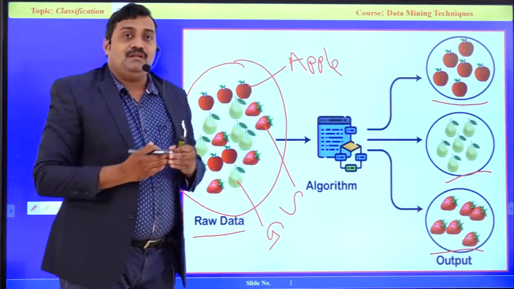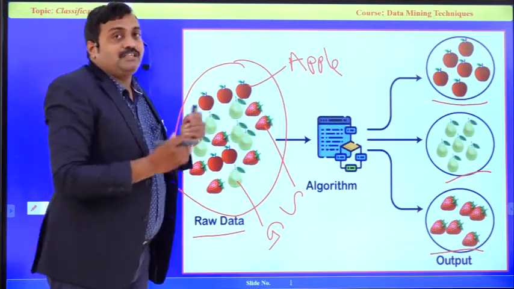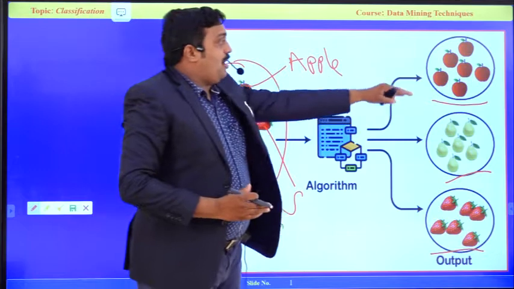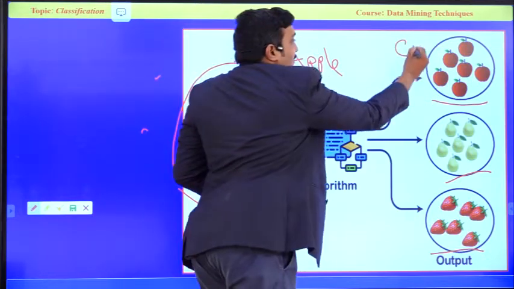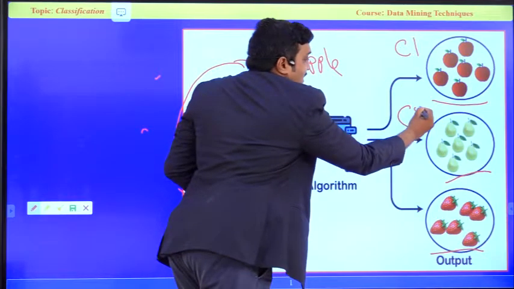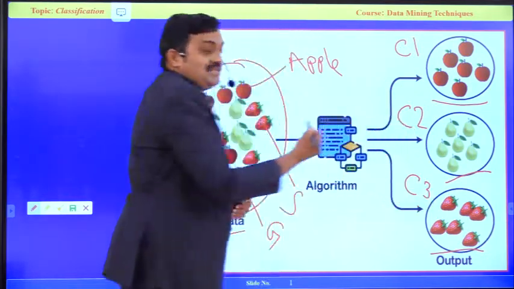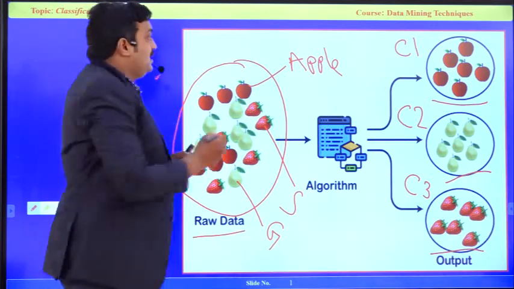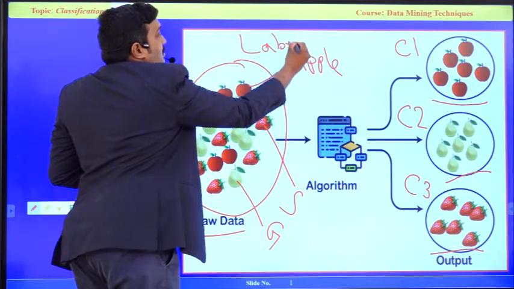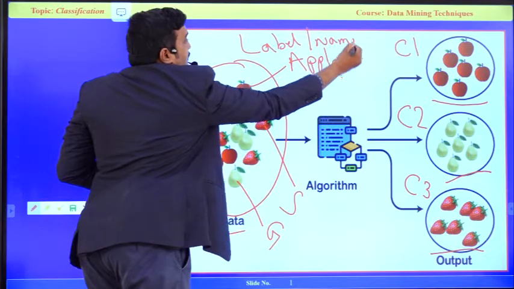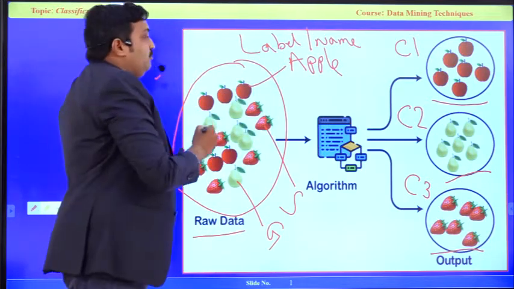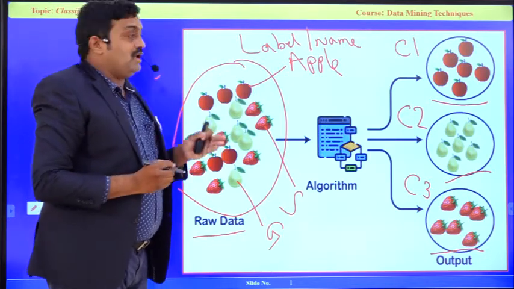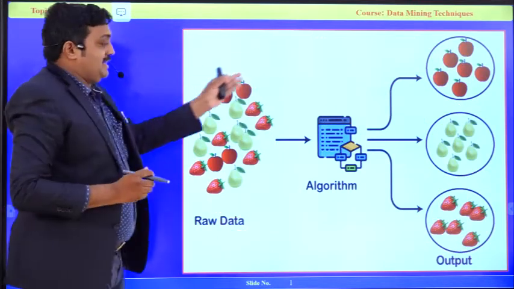Whenever we have a bulk of fruits, I want to classify all apples together as class 1, the apple class, the second fruit as the second class, and strawberries as another class. It is easy to classify the objects whenever we know the labels or names of the object. We are segregating based on the behavior of the item or object. This is a simple example of classification.